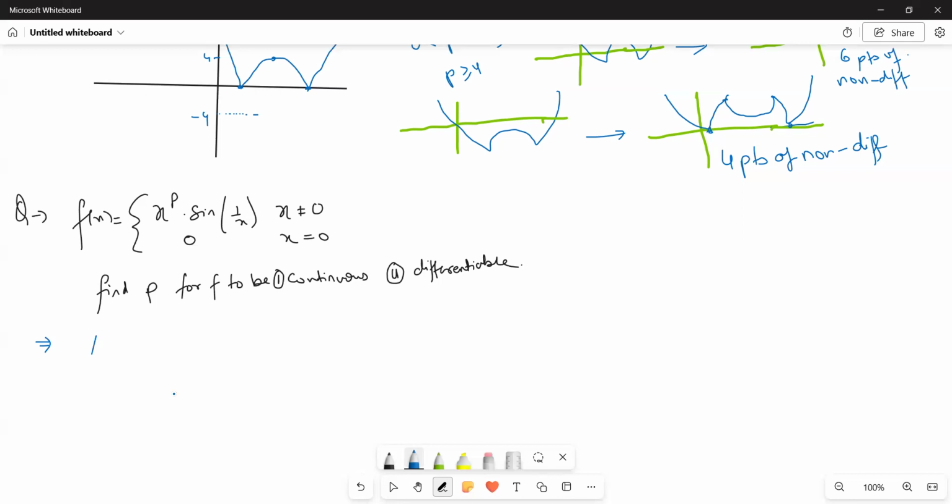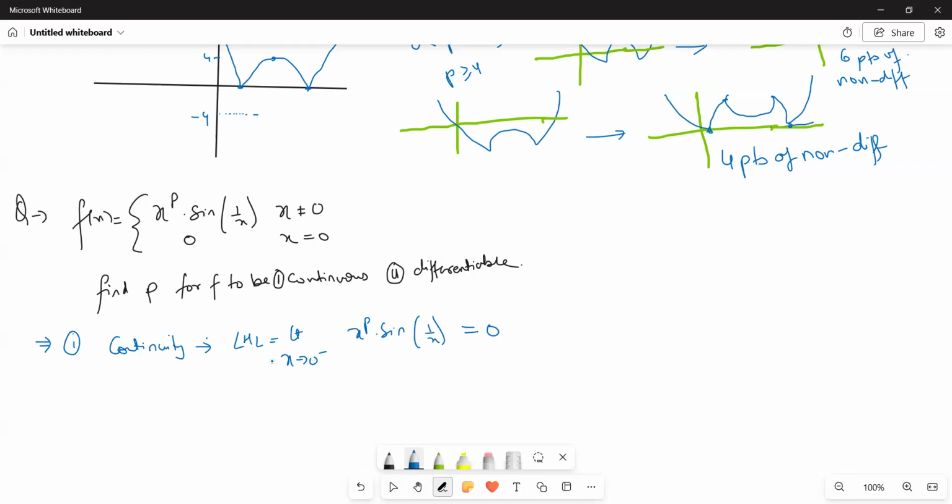So we do the first part, continuity. For continuity, the left hand limit of this would be limit x tending to 0 minus of x to the power p sine of 1 by x. And this has to be 0 because the value of the function at 0 is 0.